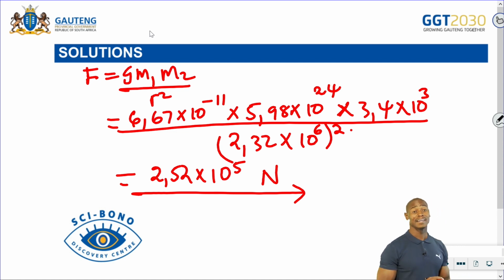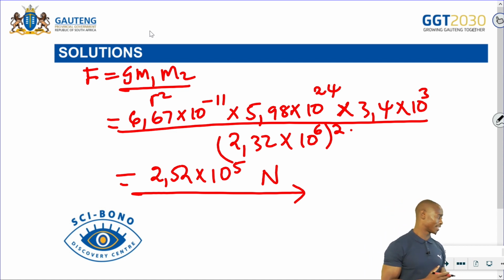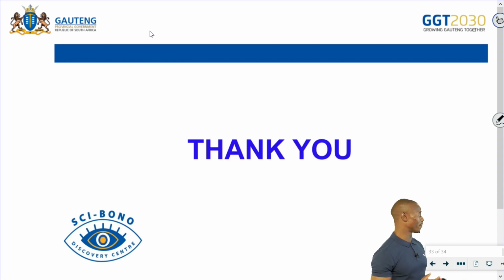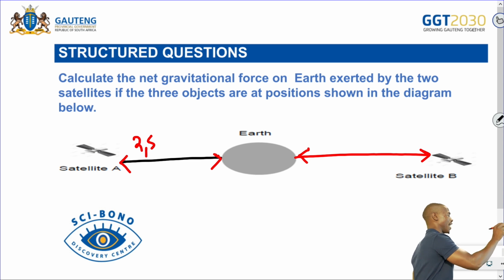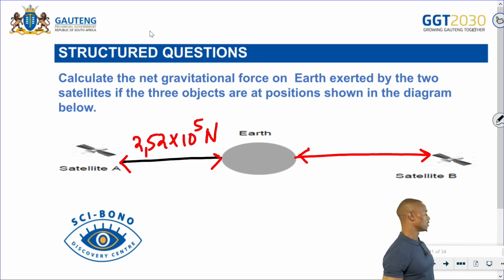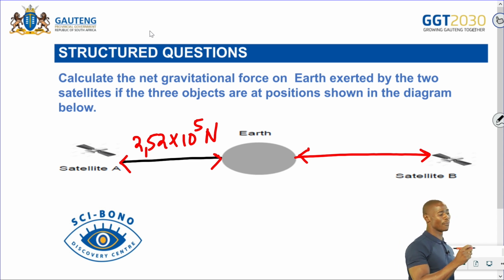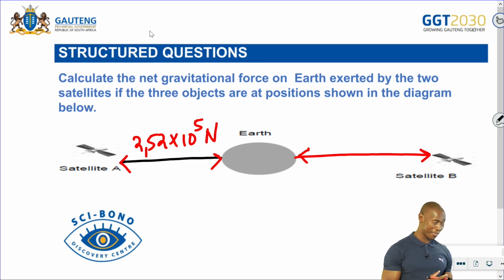That is the force that satellite A exerts on the Earth, or Earth on satellite A. And then we need now to find the gravitational force exerted by satellite B on Earth.